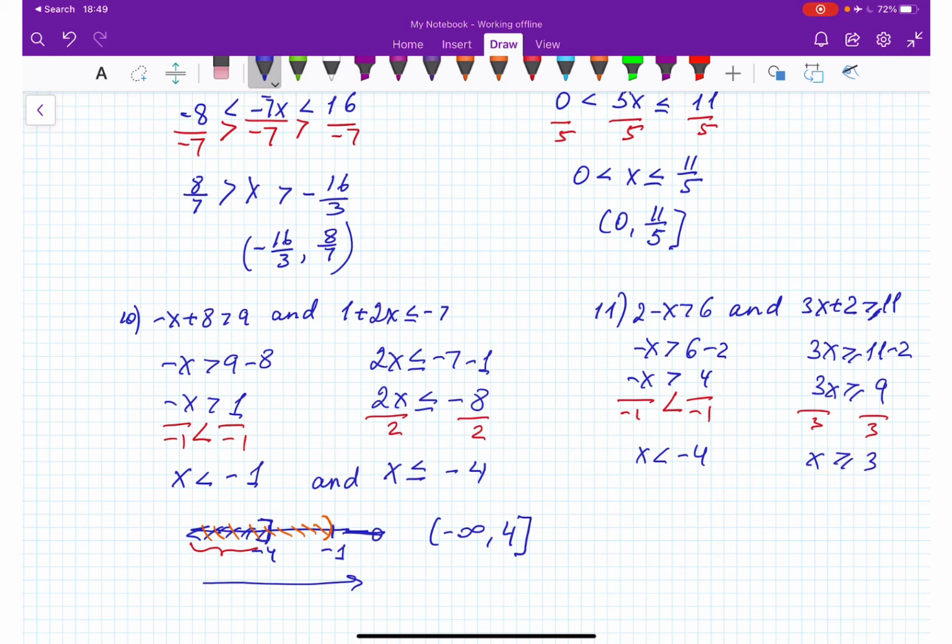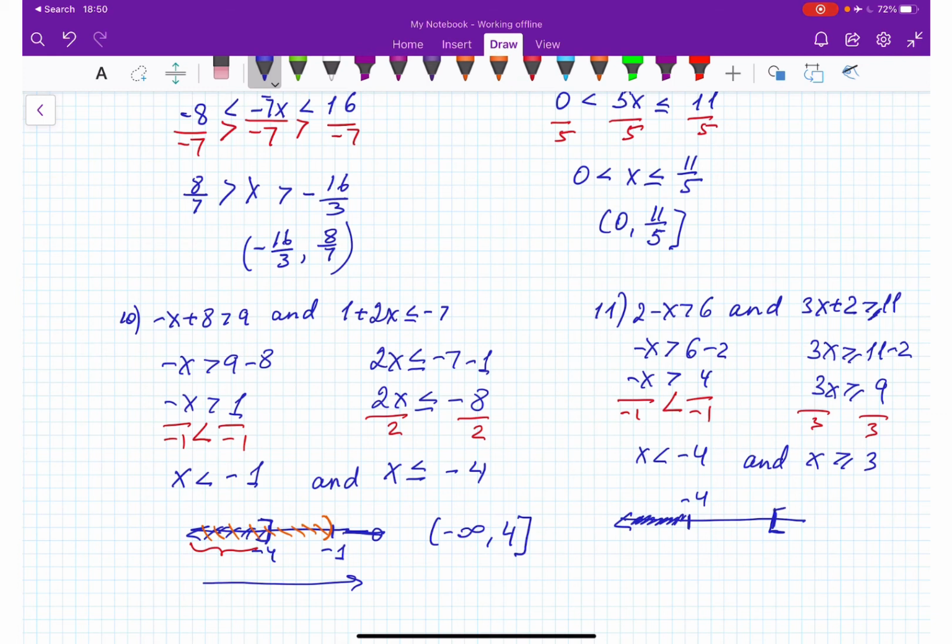All right, so we have x less than negative 4 and x greater equal 3. Let's see. Less than negative 4, this is negative 4. Less than, it's going to go this way, right? And we have x that is greater equal, this is positive 3.